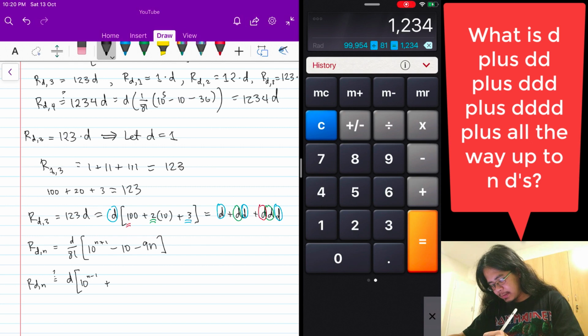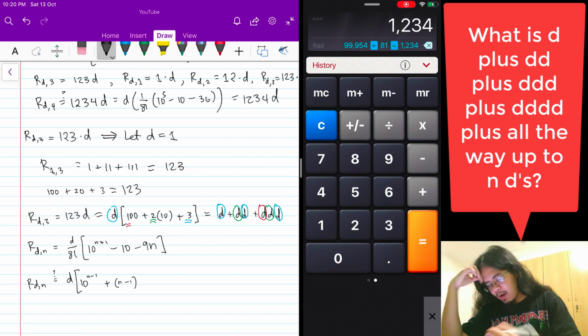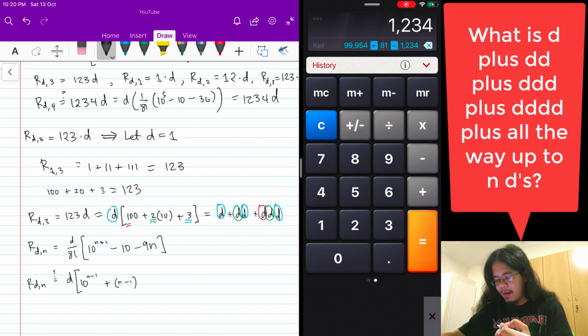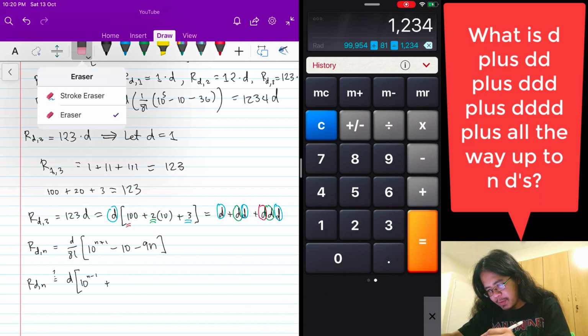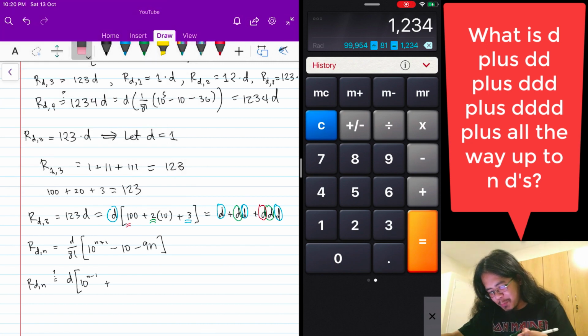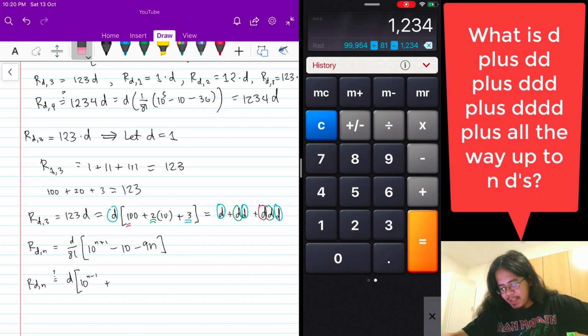plus n minus 1 multiplied by, let me think, my eraser is weird. Let me change it to the stroke eraser. Okay, D 10 to the n minus 1.